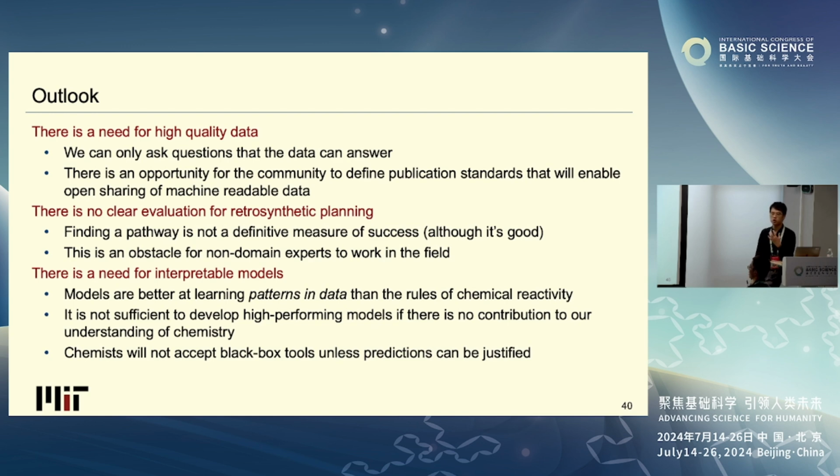If we want to work with chemists, we need to not only provide predictions, but also know the underlying reason for the model to make these predictions, so that chemists can actually accept these black box predictions, especially when they do not agree with their knowledge and intuition.